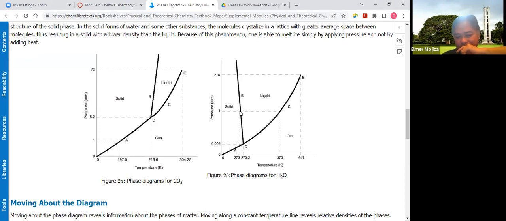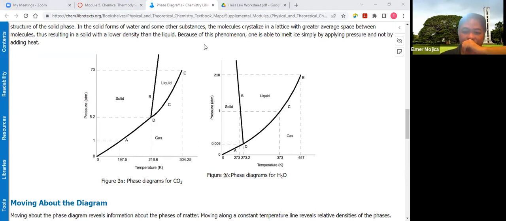Anong point yan? Yan yung tinatawag nating melting point or freezing point. Okay? Tapos ito yung tinatawag nating ano? Normal boiling point because it's 1 atmosphere. Okay? So itong letter D, that's the triple point.